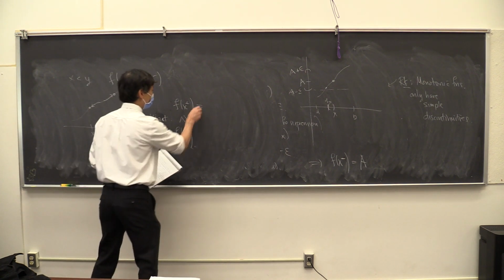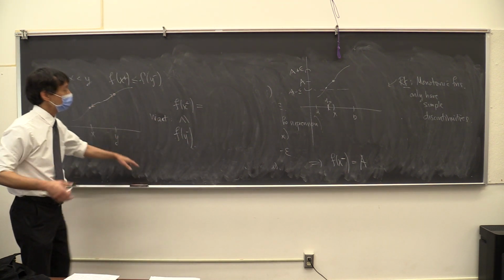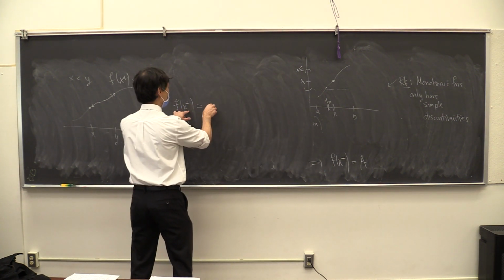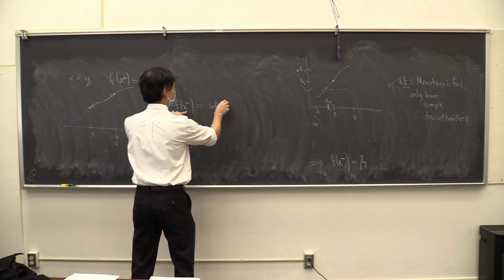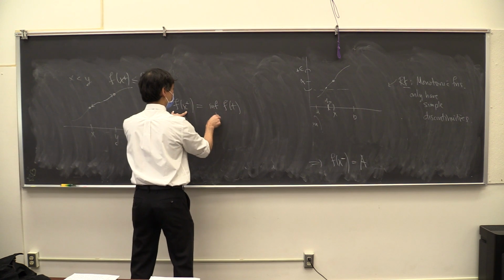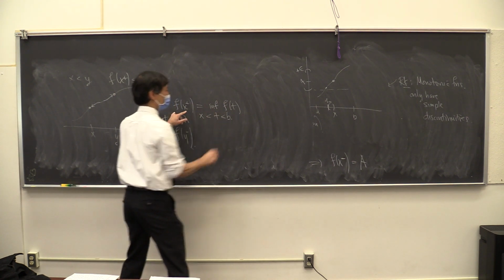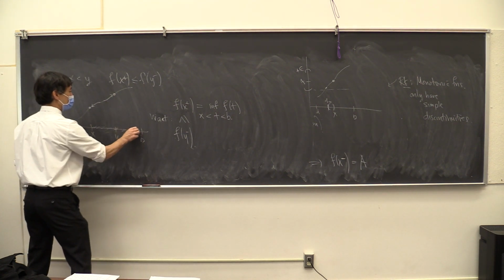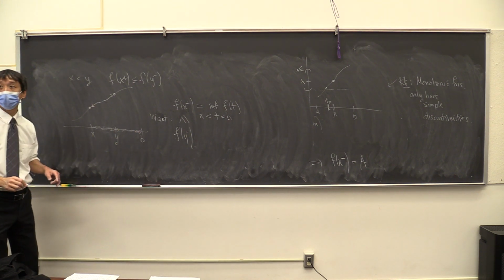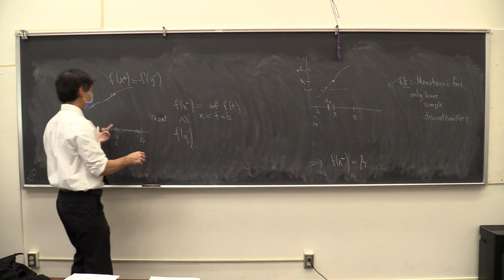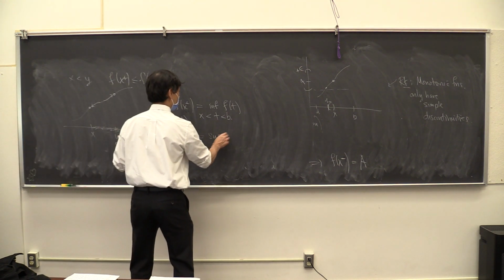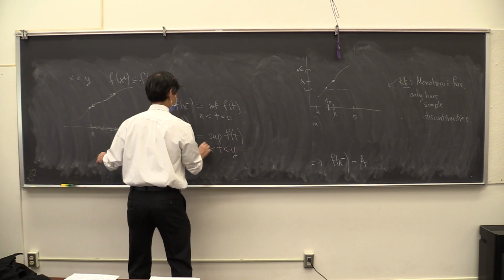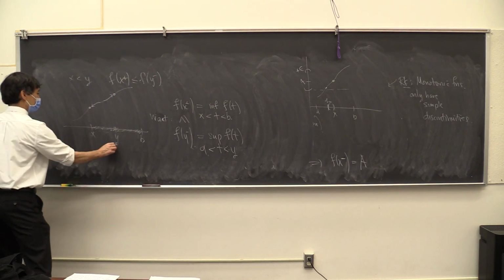Now remember how we got f(x+) from the previous step. f(x+), remember, was the infimum of the values on the interval past x. f(x+) was the infimum over this set here, and f(y-) was the supremum of the values on the left, to the left of y, the values over here.